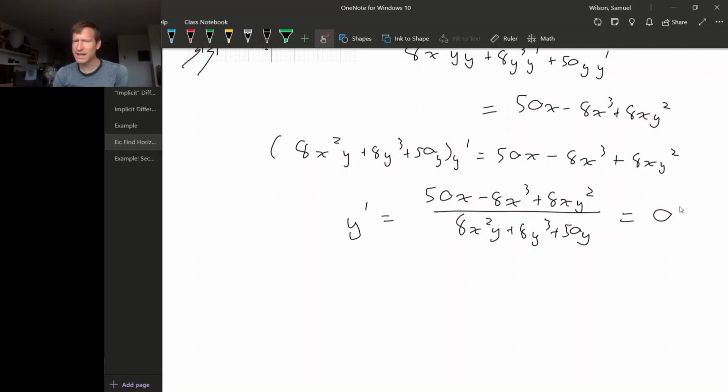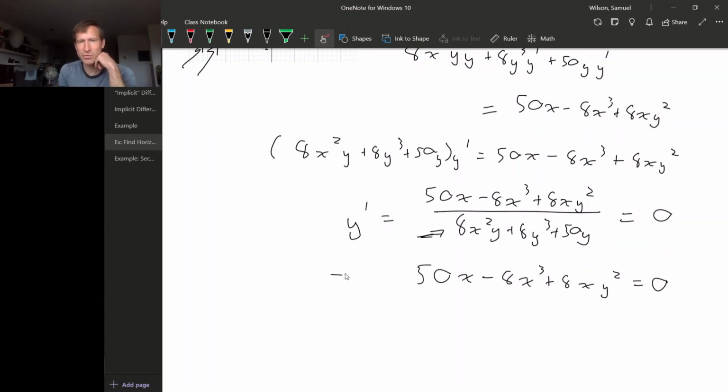If we want to know where this is 0, we can just set this equal to 0 and solve. When we do that, the first thing we can do is just clear the denominators, right? Multiply both sides by this entire denominator. On the right-hand side, it just gets eaten up by the 0. So that leaves us with the equation 50x minus 8x cubed plus 8xy squared equals 0.